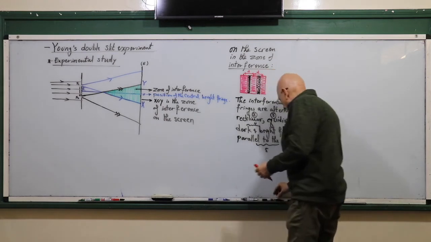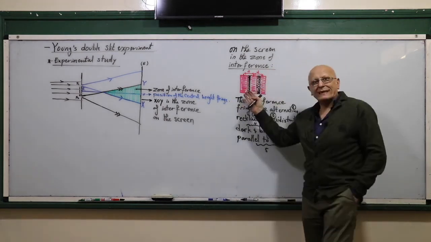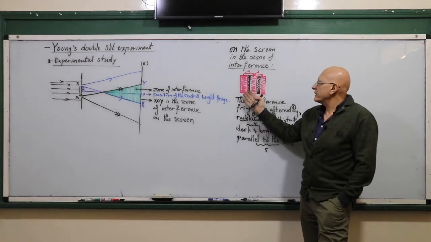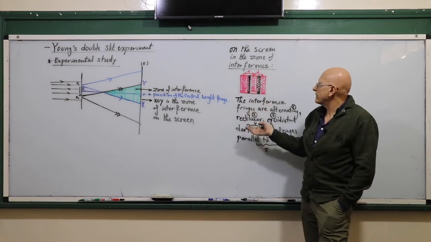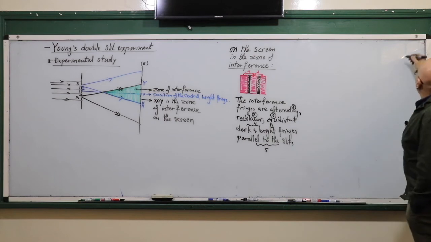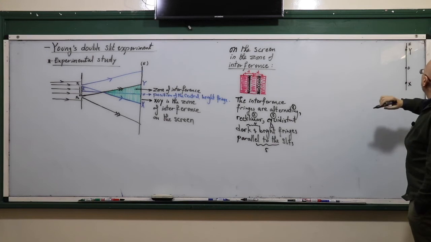Now, I want to interpret the presence of dark and bright fringes. Why are there dark and bright fringes? Let's see. This is screen E. This is O. This is X, O, Y, the zone of interference on the screen.